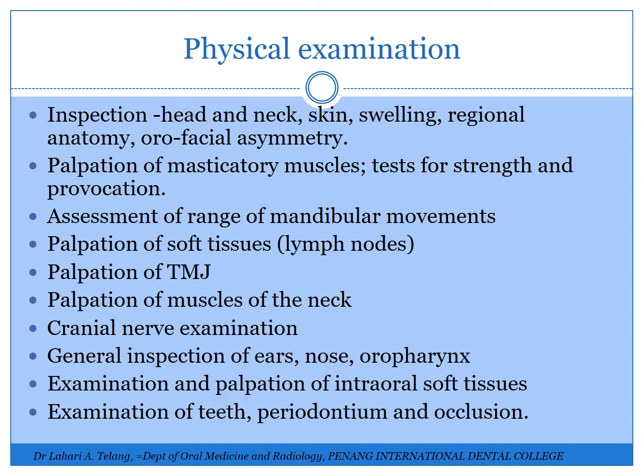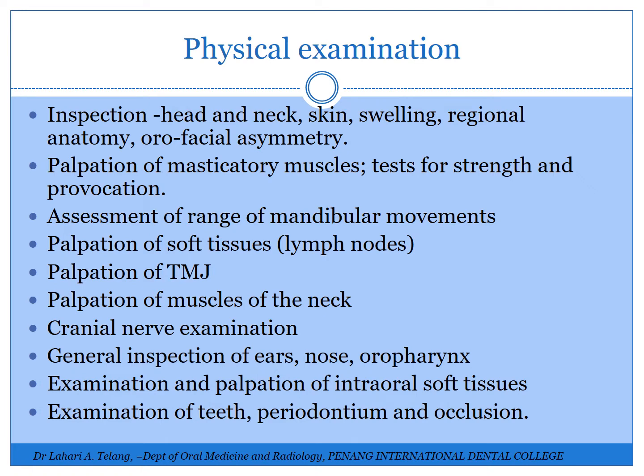When we're talking about physical examination, consideration should be given to inspection of the head and neck, skin, swelling, regional anatomy, orofacial asymmetry, palpation of the masticatory muscles, tests for strength and provocation, assessment of range of mandibular movements, palpation of soft tissues including lymph nodes, palpation of the TMJ, palpation of the muscles of the neck, cranial nerve examination, general inspection of ears, nose, oropharynx, examination and palpation of intraoral soft tissues, as well as examination of teeth, periodontium, and occlusion.